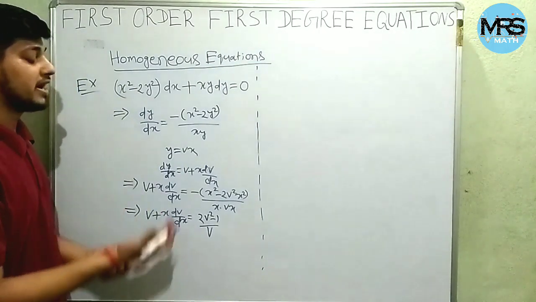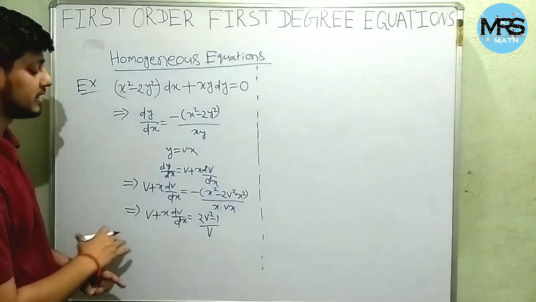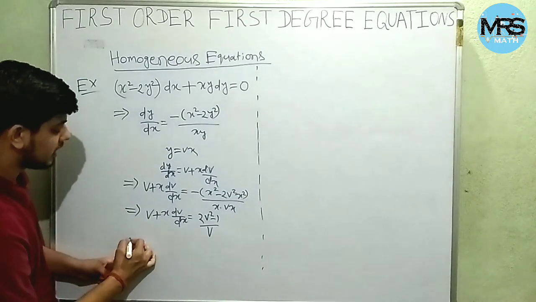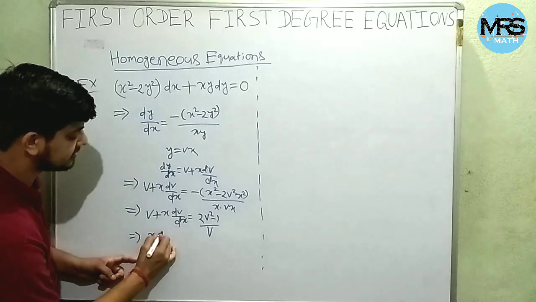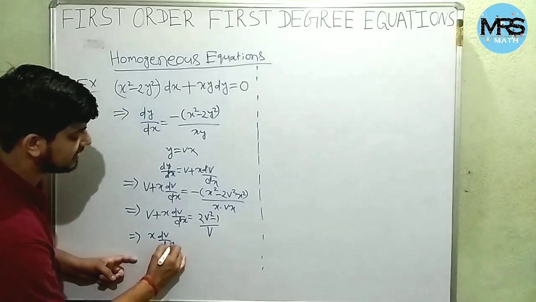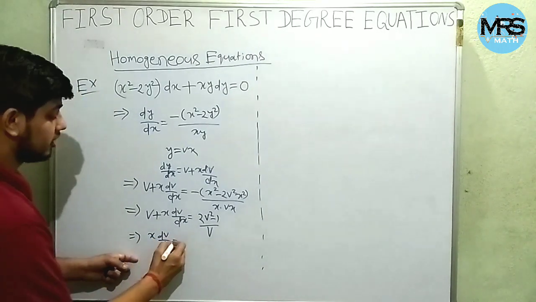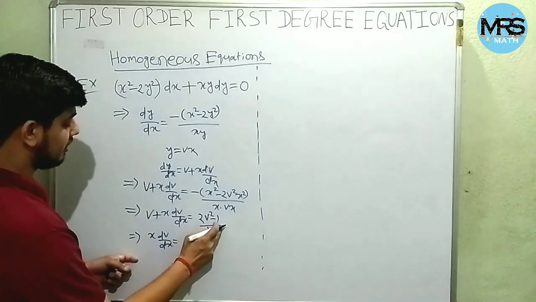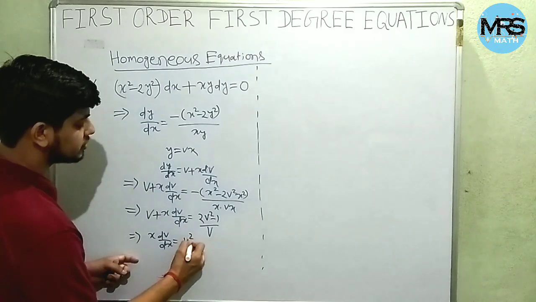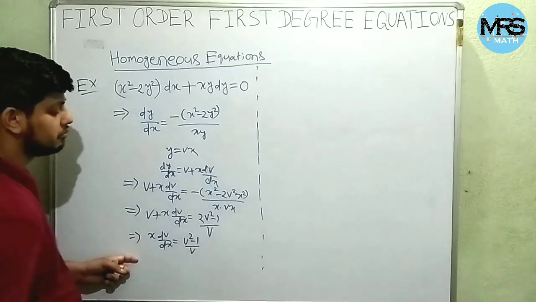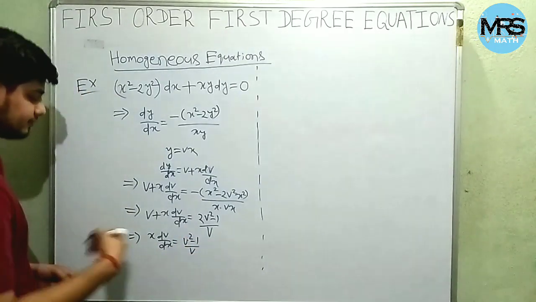Now we will separate out the x term to one side and y term to another side. If this v will go to that side, what you will get? This x dv by dx will be (2v square minus 1) by v minus v, that is minus v square, so you will get (v square minus 1) by v, correct students?